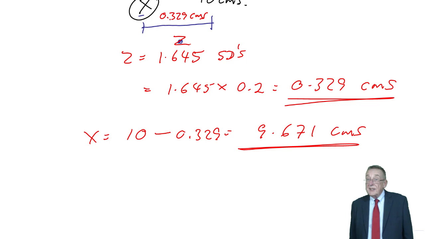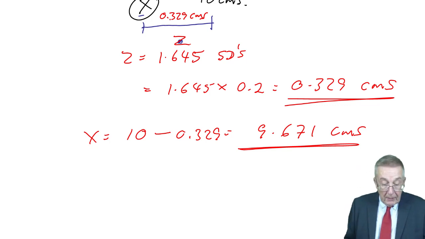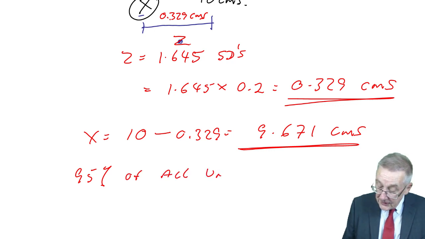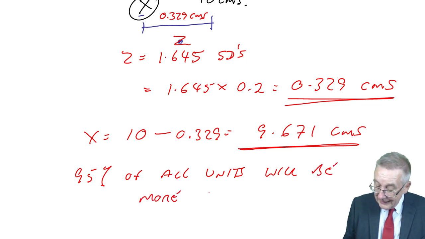And so what's it telling us? We now know that 95% of all units will be more than 9.671 centimetres long.